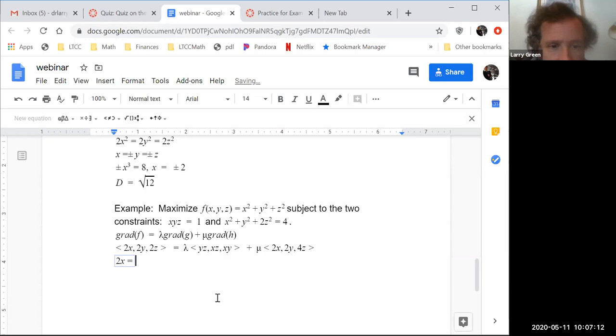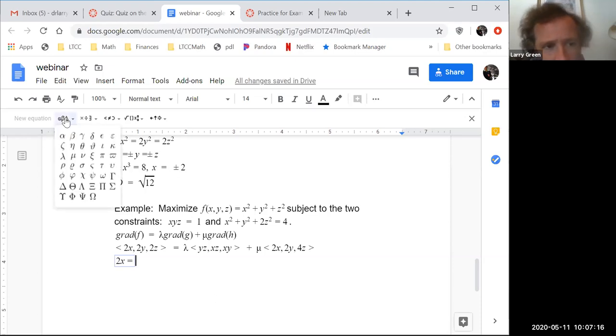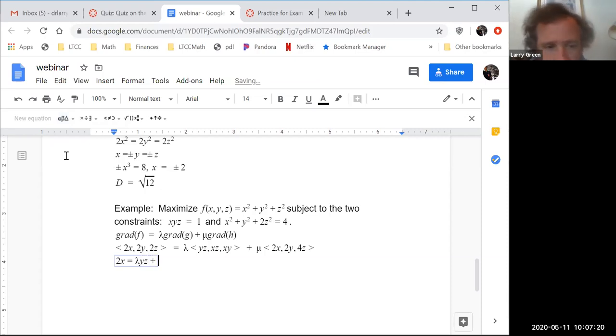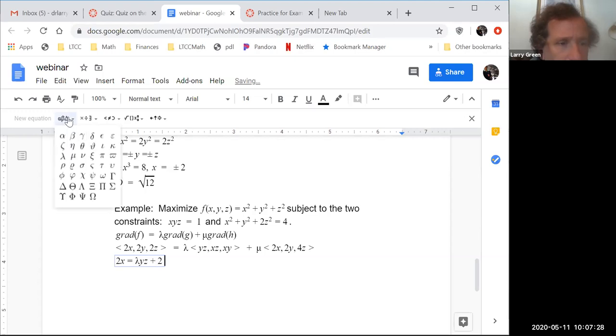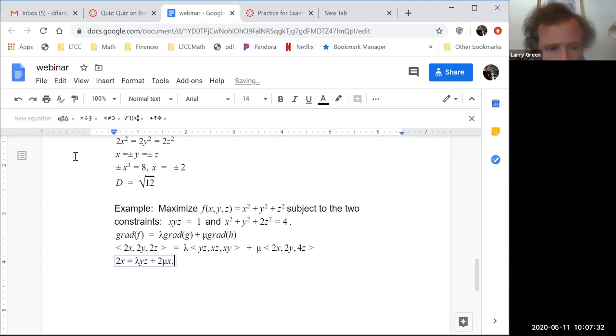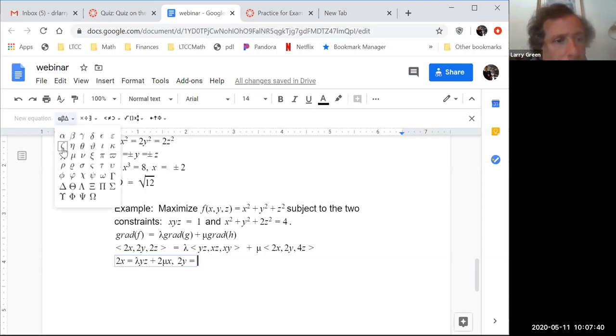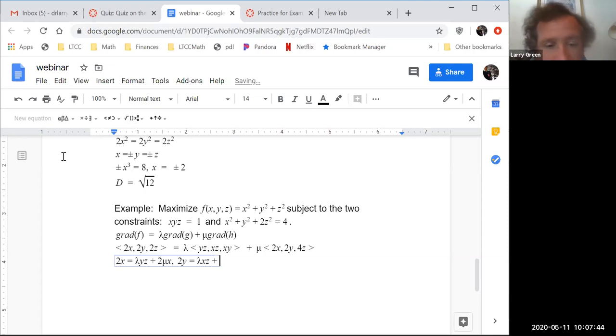2x equals lambda yz plus mu times 2x, or 2 mu x, and then we're going to have 2y is equal to lambda xz, and then plus 2 mu y, and then we'll have 2z is equal to lambda xy plus 4 mu z.